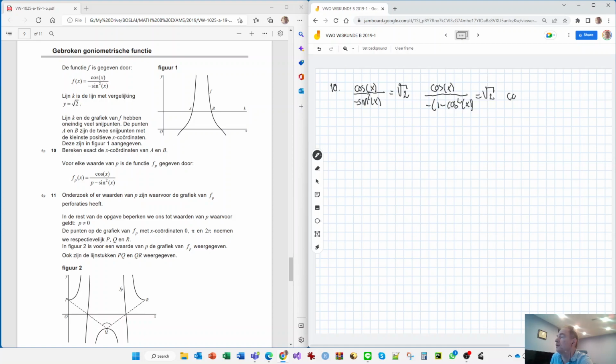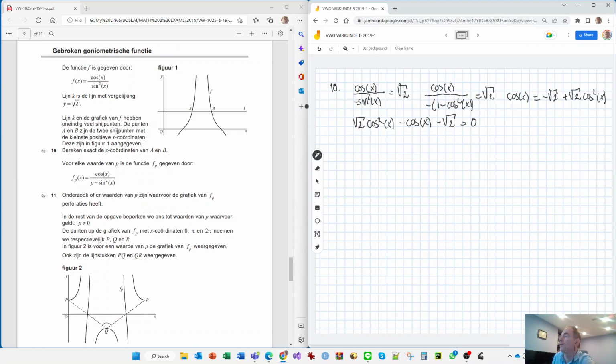which we can rewrite as cosine x equal to minus square root of 2 plus the square root of 2 times the cosine squared of x, and we can bring the cosine here to the right, so we get square root of 2 cosine squared x minus cosine x minus the square root of 2 equals 0.